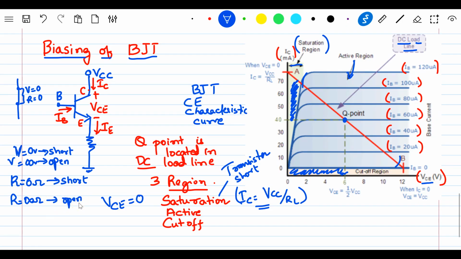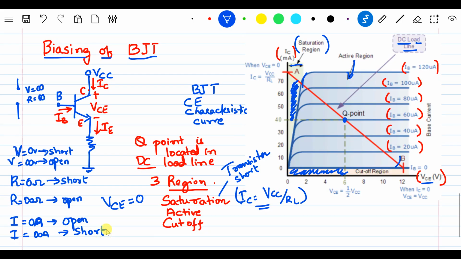So when I have an open circuit like this, both voltage and resistance are infinite. Similarly, we have one more parameter, which is current. When current is equal to 0 amps, then it is open. When the current is infinite amps, then you say it is short.